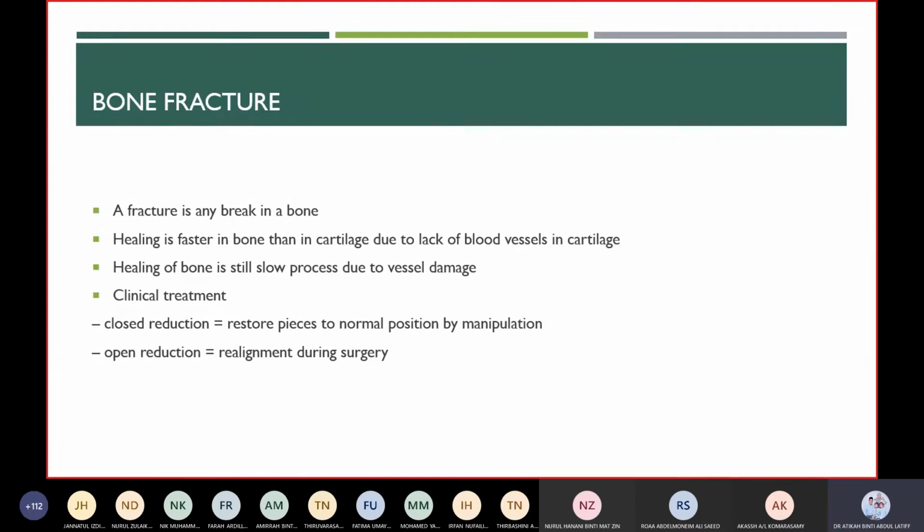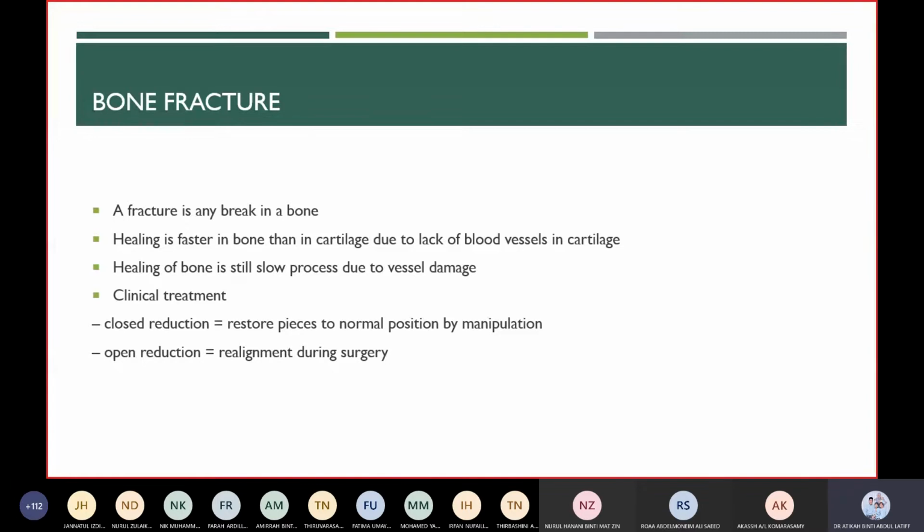Although it's faster than cartilage, it is still a slow process if there is vessel damage. Because the vessel is what helps the healing to be fast. Okay, but if the vessel involved is damaged, then it will take a long time to recover.